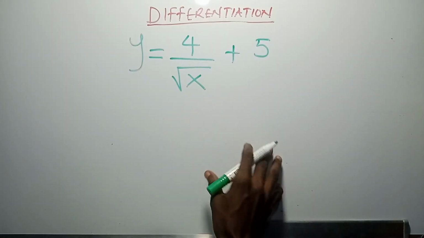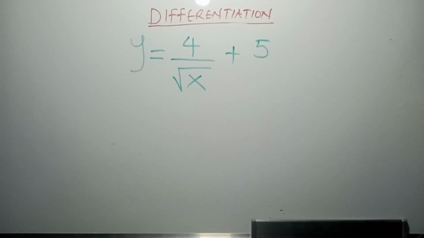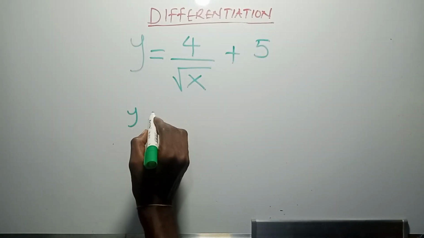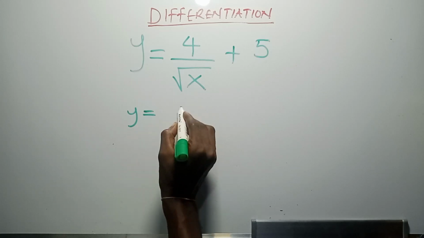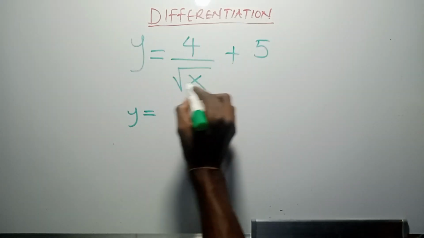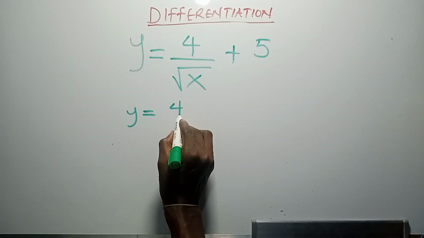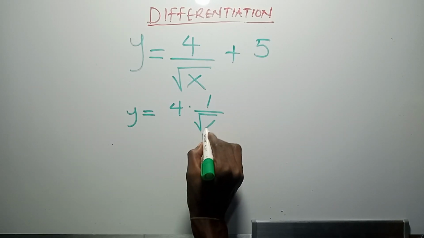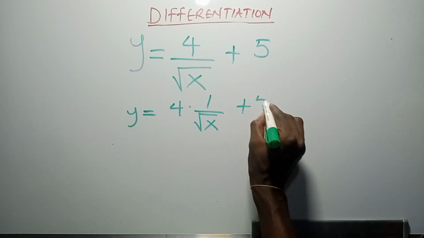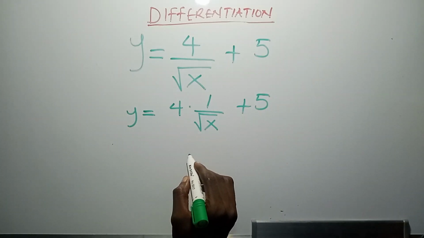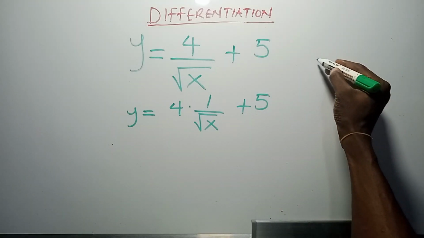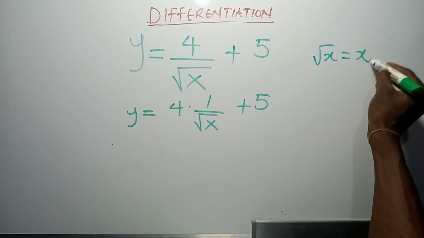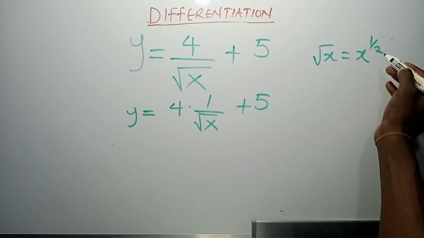Here is another problem. And once again, we need to simplify this further. So we have that y is equal to, remember that this is the same thing as saying 4 times 1 all over square root of x, plus 5. And remember the square root of a number is the same thing as that number raised to the power of half.